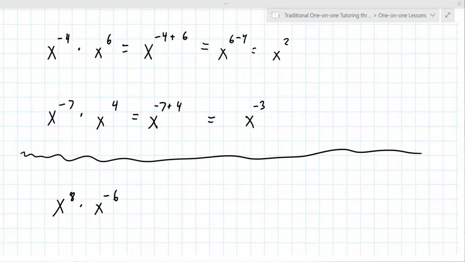Remember you're adding the numbers. So it's x to the 8 plus negative 6. Which is further from 0, 8 or negative 6?